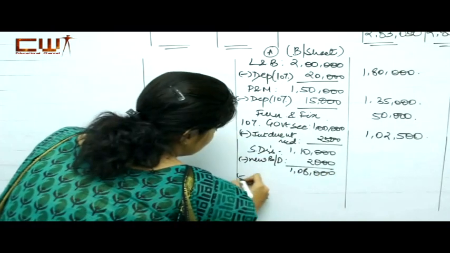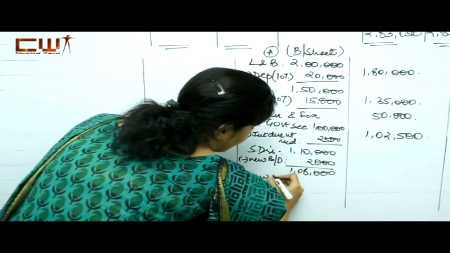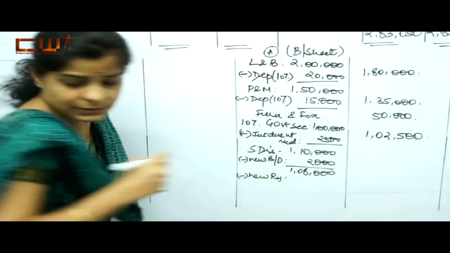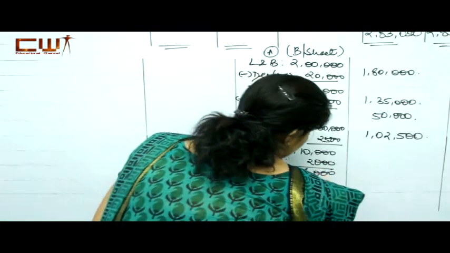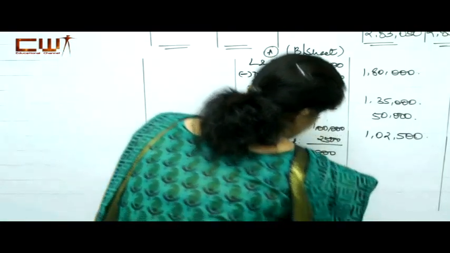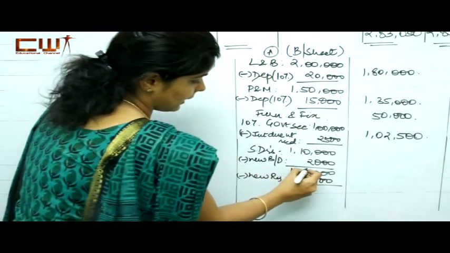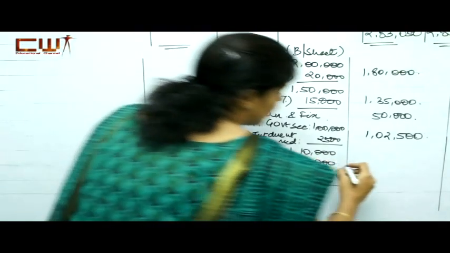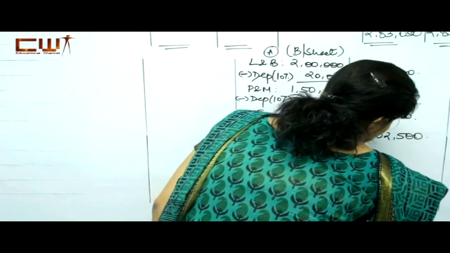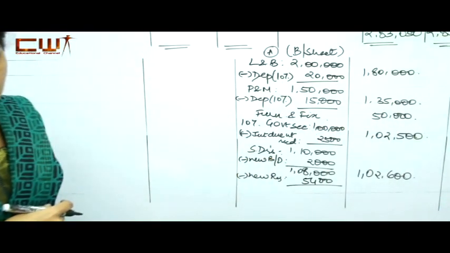Now you create the new reserve on 1,08,000. What is the percentage given to you? Percentage is 5%. So 5% on 1,08,000 will give you 5,400. 1,08,000 minus 5,400 will give you 1,02,600. Alright?